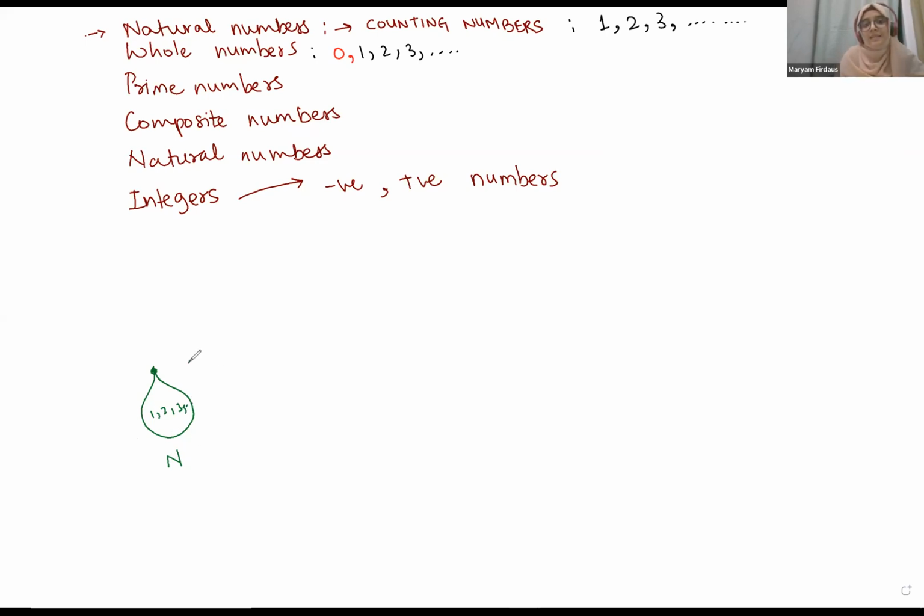So when you add 0 in this, it will become a whole number. So if you take this bag and you add 0 in it, then now it will become a bag of whole numbers. Is that clear? Yes. Okay, good.